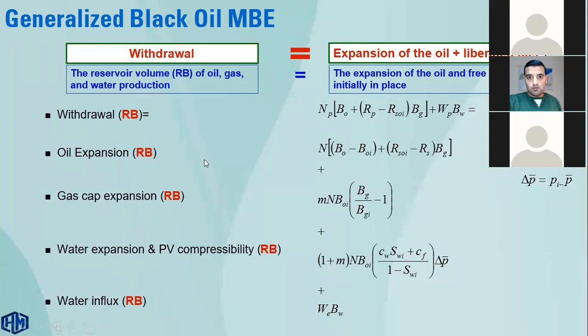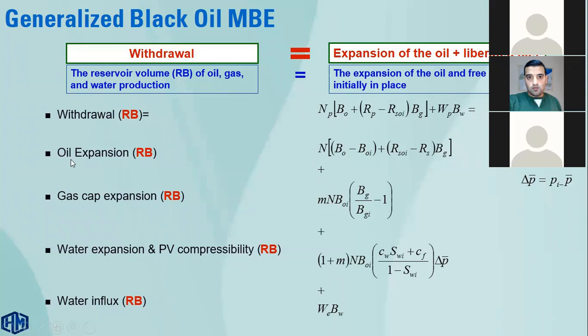For example, we have withdrawal in reservoir barrels: Np times Bo plus Rp times... plus Wp, the cumulative oil, water, and gas production.